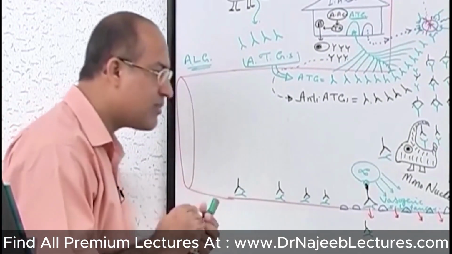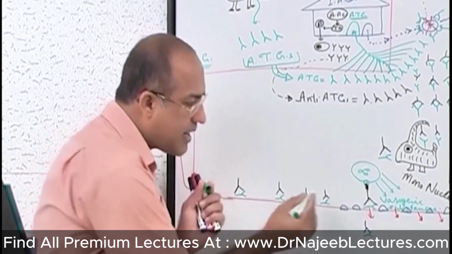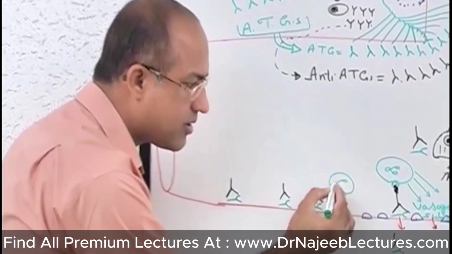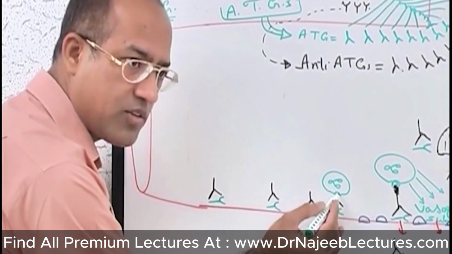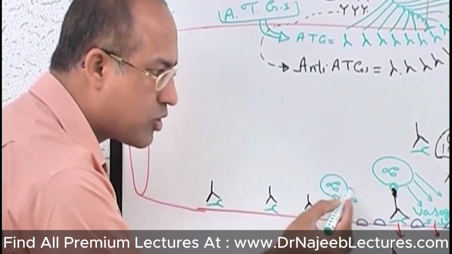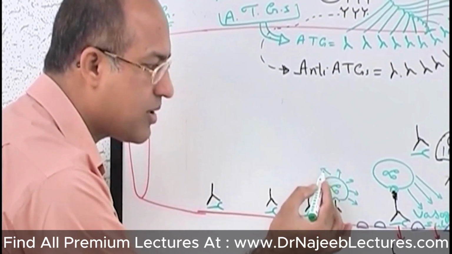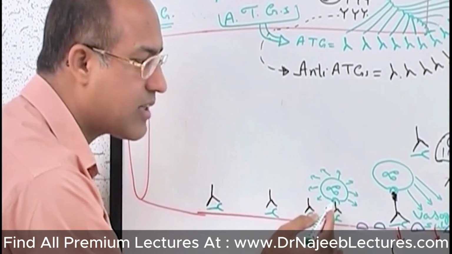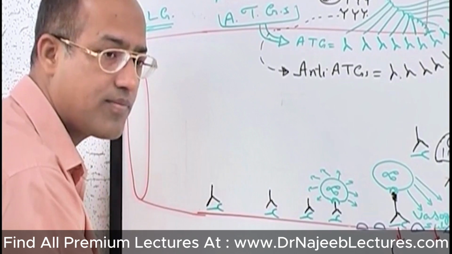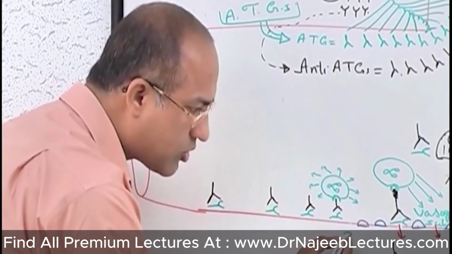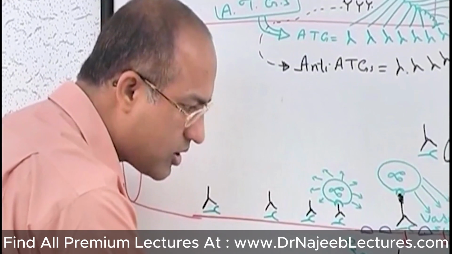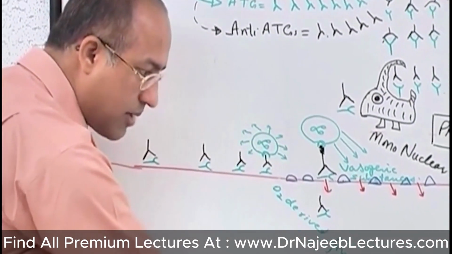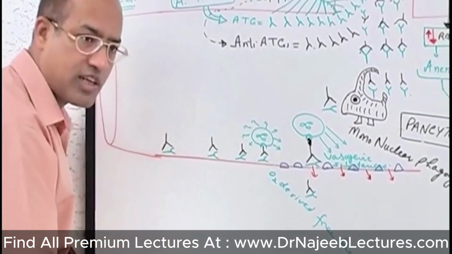How does it occur? One way is very simple to understand: the FC portion of these antibodies may activate neutrophils, or they activate macrophages, and they will release oxygen derived free radicals, which will damage the local tissue and produce inflammation and necrosis.